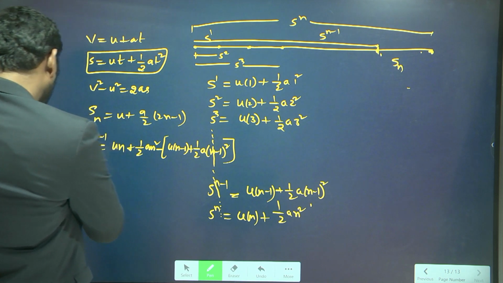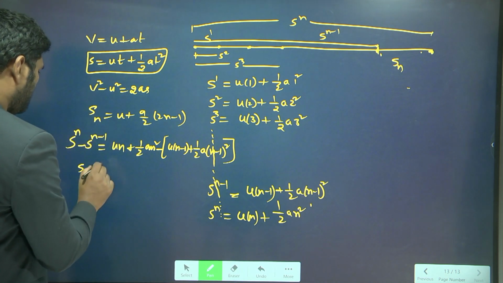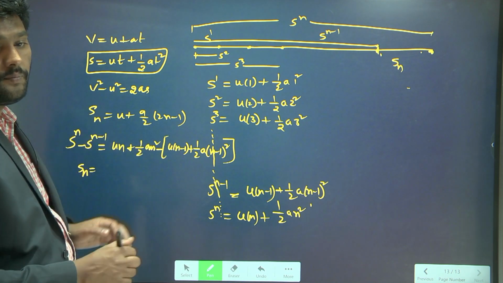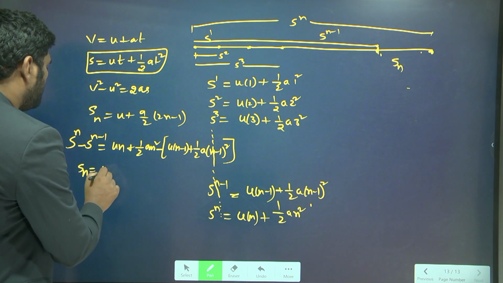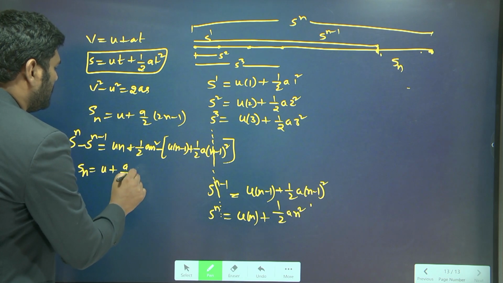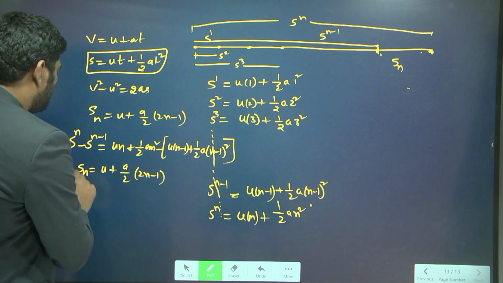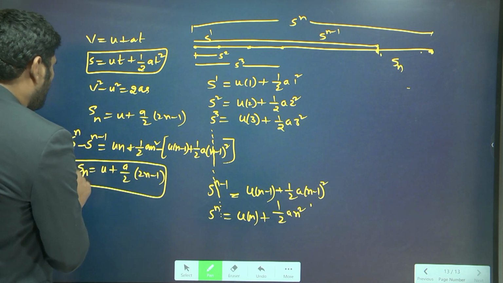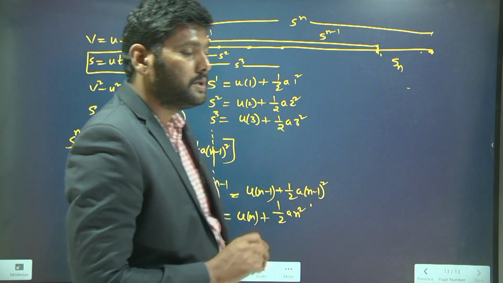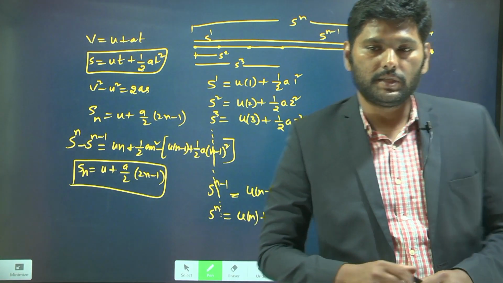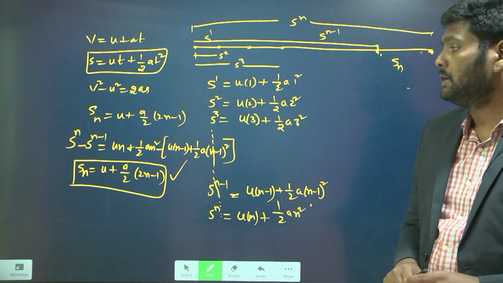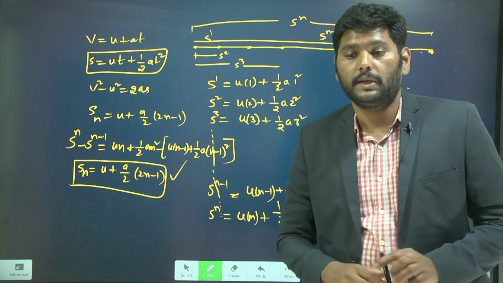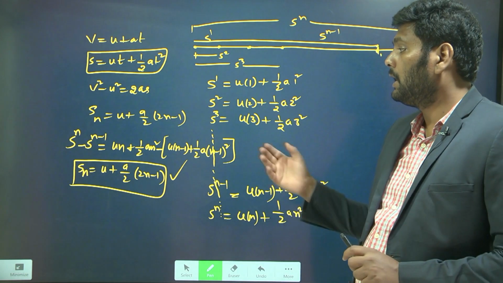This is the distance traveled in the nth second. As you simplify this total equation, you will get the value u plus a by 2 into (2n minus 1). So this is the equation for the distance traveled in the nth second. Understand? The distance traveled in the nth second.